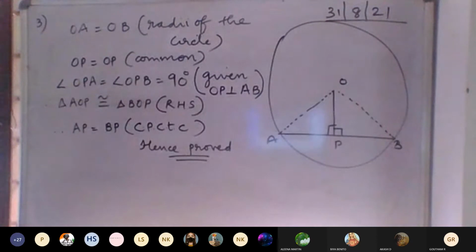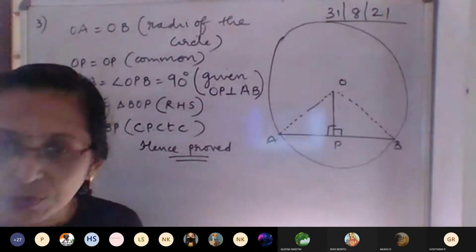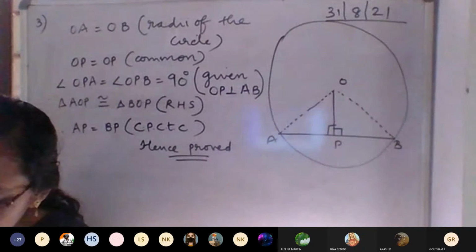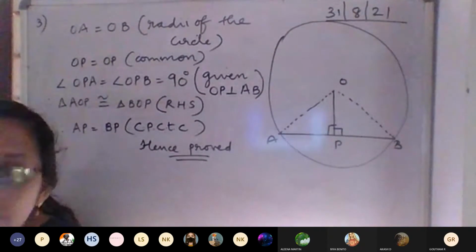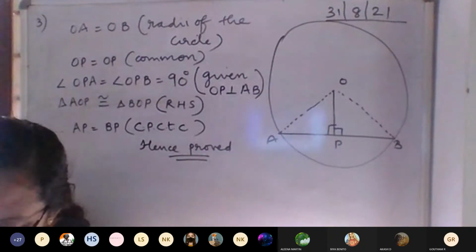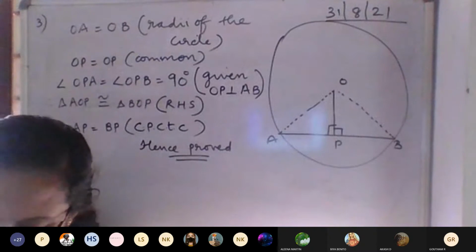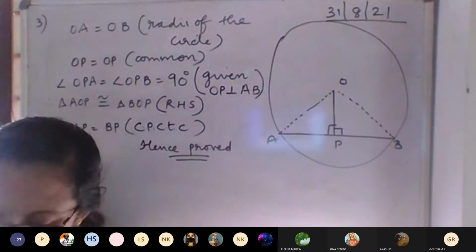In triangle ABC, D is the midpoint of BC. AD is produced up to E so that DE is equal to AD. Prove that first, triangle ABD and triangle ECD are congruent.